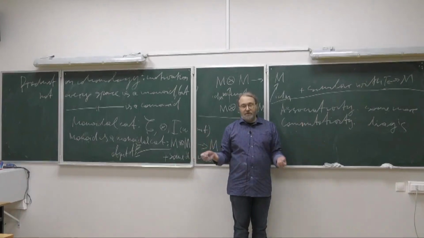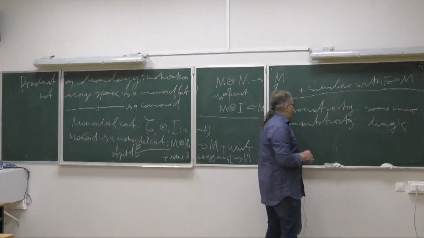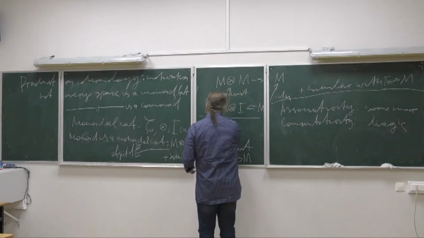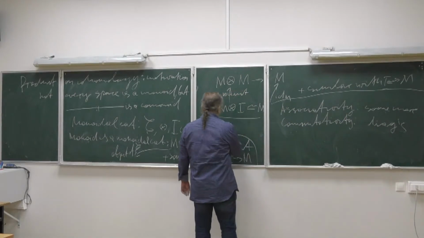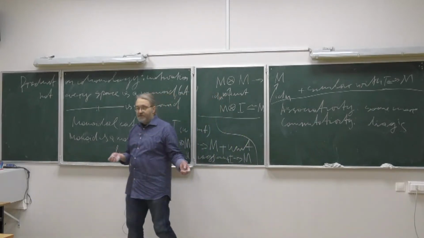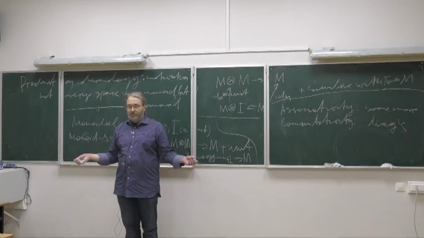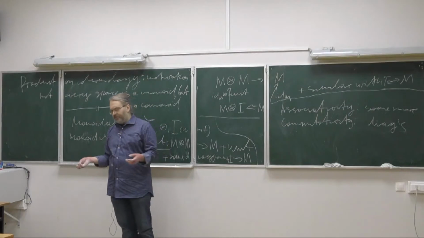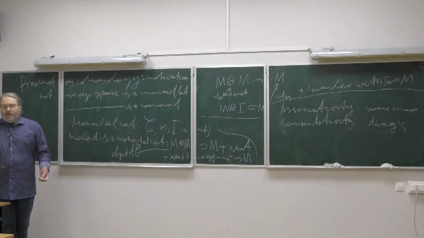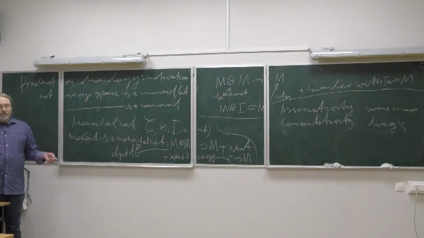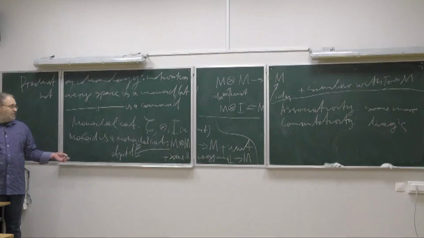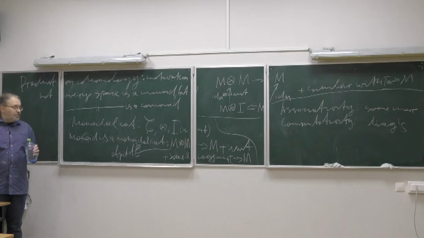there are many examples of monoids. A monoid in sets is just the usual notion of a monoid. A monoid in topological spaces is basically a topological monoid. I don't know any other name for it.